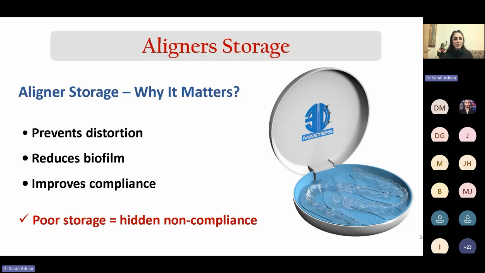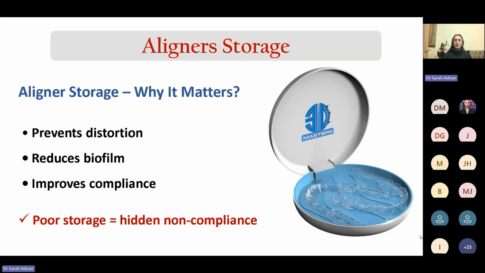It reduces biofilm formation, because if you put your aligner in a humid environment or in a hot environment, all this will affect biofilm formation, especially humidity. Increasing biofilm formation will lead to poor patient compliance. It affects the odor of the appliance, bad odors, meaning patient non-compliance.